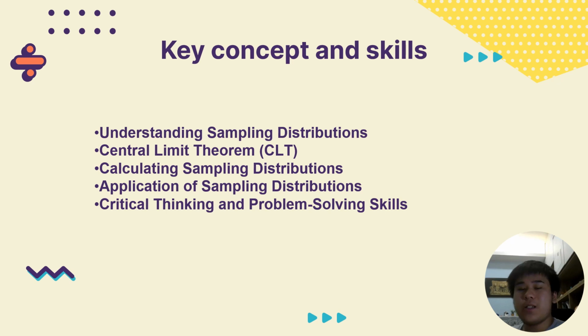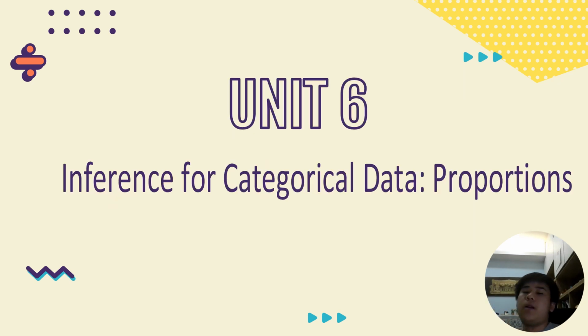Since all the problems on your AP Statistics exam are random examples from real life, the questions are realistic most of the time. So that's really important. You'll need to think critically, and your problem-solving skills need to be really good. That's it for Unit 5.